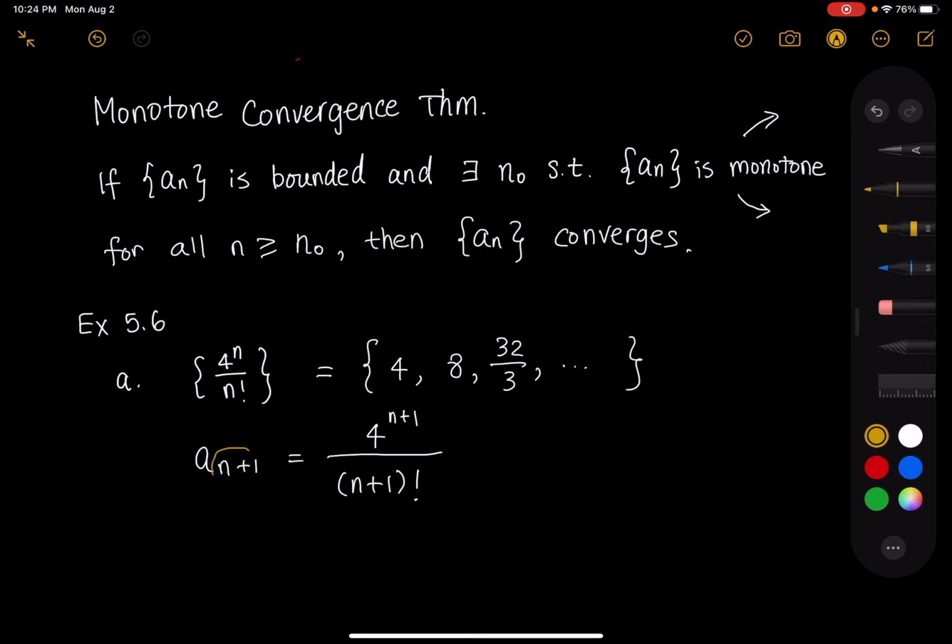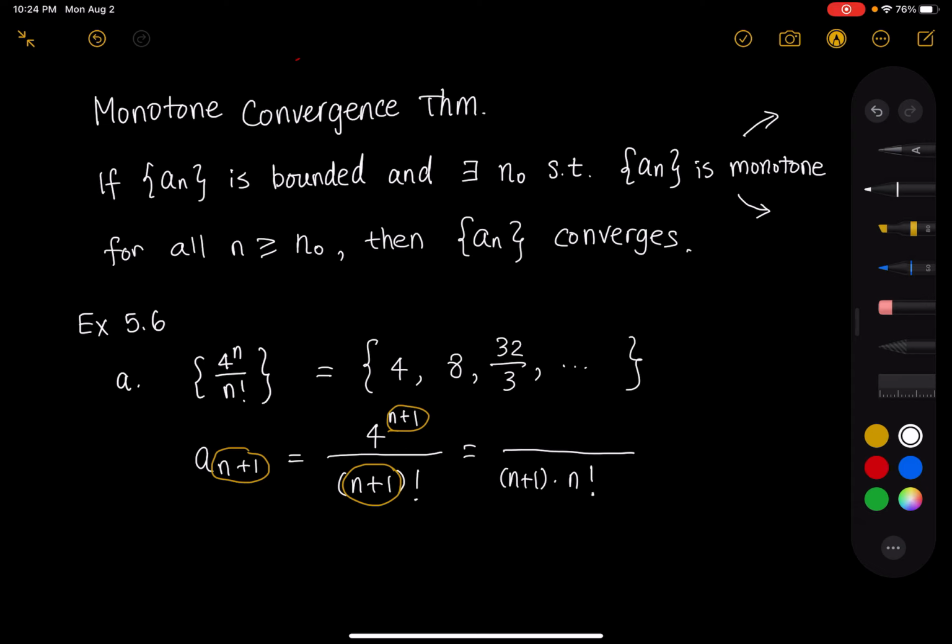The index is n plus 1, so everywhere you see n, you change it to n plus 1. (n+1) factorial is the same as (n+1) times n times (n-1), and so on, so it's (n+1) times n factorial.